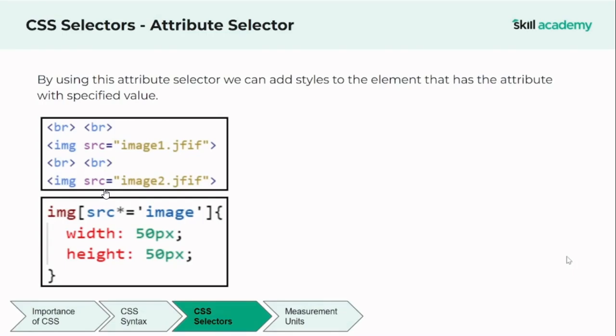So, the source attribute that contains the name image. This same style will be applied for both image 1 and image 2, because we are just giving contains image. So, if there is image 3, that will also have the same style.